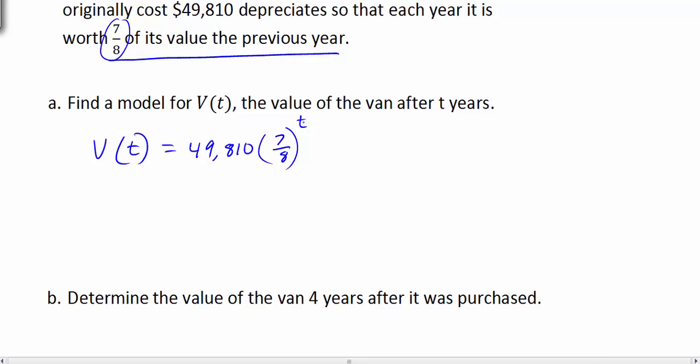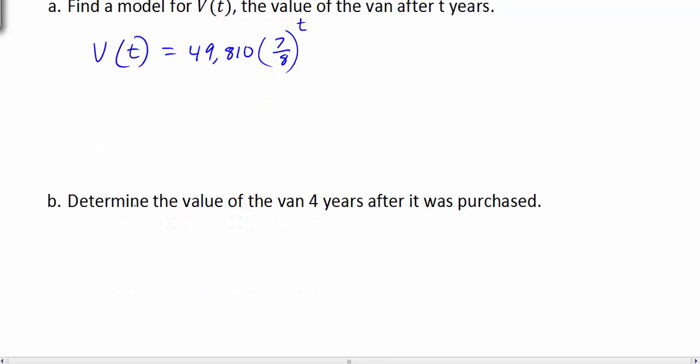And of course, if we plug 0 in, we would get 7/8 to the 0, which is 1, and 1 times our amount, we would have the $49,810. Now, we want to use this formula to determine the value of the van 4 years after it was purchased. If we want to calculate the value 4 years later, then we would simply plug 4 in for t, and we would have 49,810 multiplied by 7/8 raised to the fourth power.